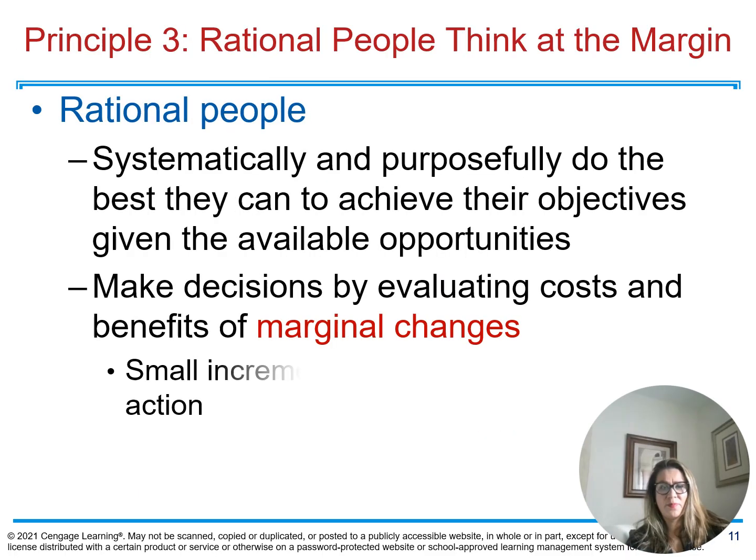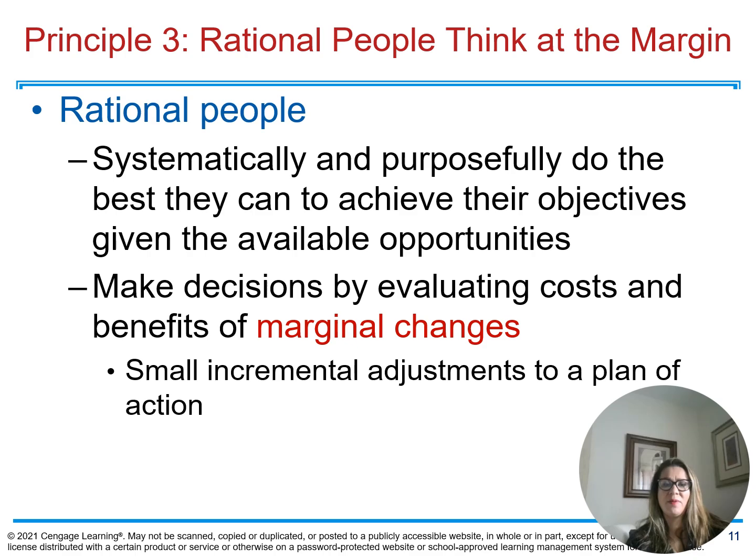Now that we discussed opportunity cost, we have to talk about principle number three. So principle number three says that rational people think at the margin. So first, let's define what is rationality in economics. You're going to see in the next few seconds that even when economists believe that people are rational in the economy, not everybody is rational in the economy, but economists work under the assumption of rationality.